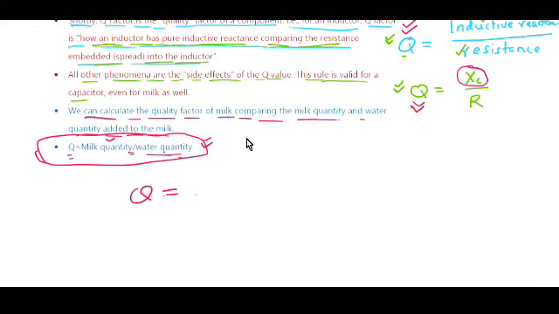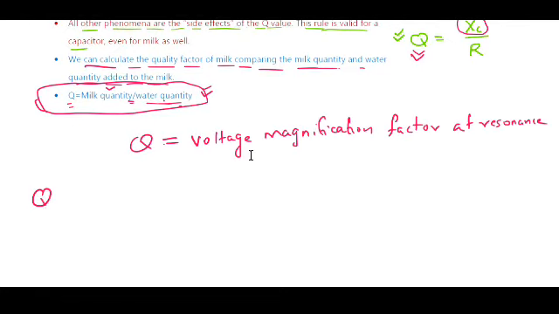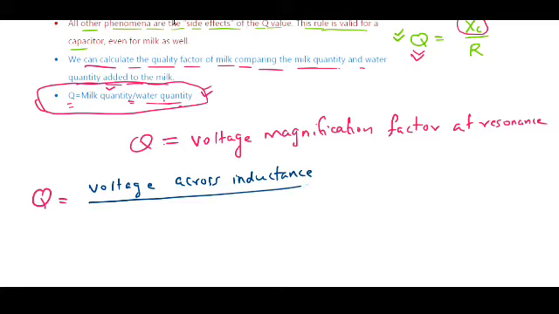The quality factor can be defined as a voltage magnification factor at resonance. How can this be experimentally measured? It can be easily measured by measuring the voltage across the inductance divided by the voltage across the resistance.